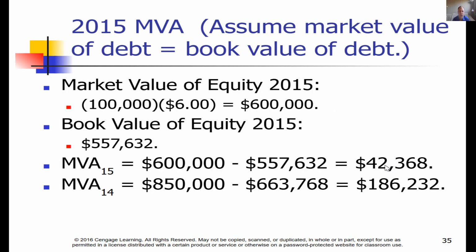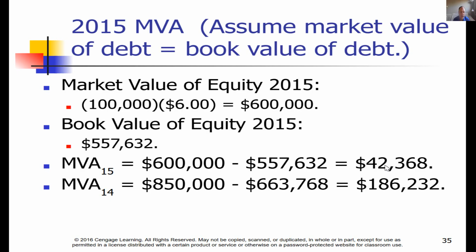So 2015 market value added, assuming market value of debt equals book value of debt, is going to be, in 2015, the 100,000 shares times the $6 per share are 600,000, whereas the book value of equity in 2015 was only 557,632.